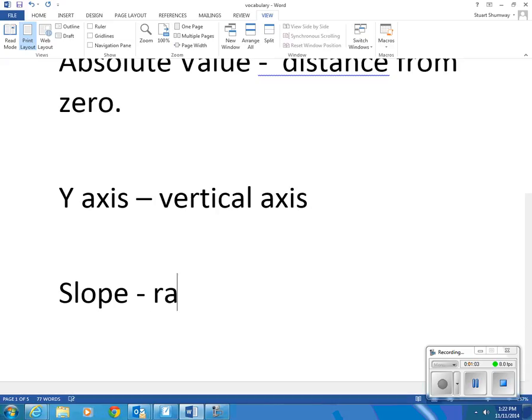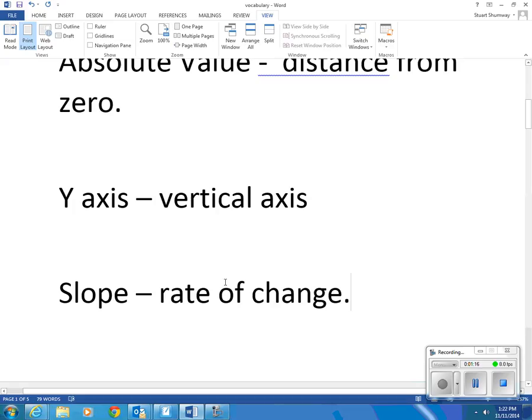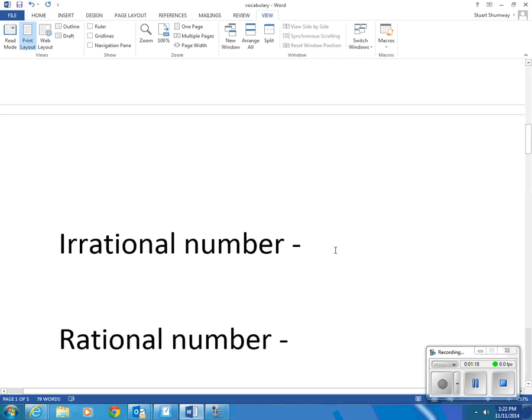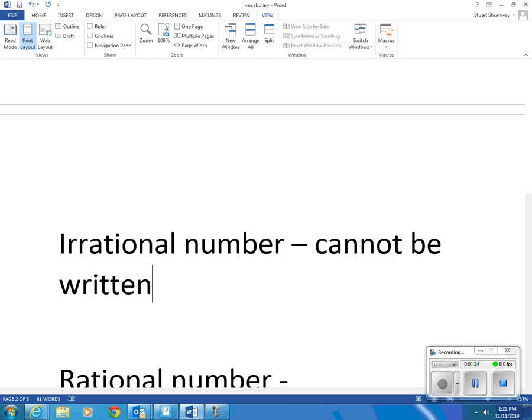Slope is a rate of change, like how fast y is changing compared to x, or how fast your bank account is growing compared to the months or whatever. Irrational number cannot be written as a fraction or a ratio.